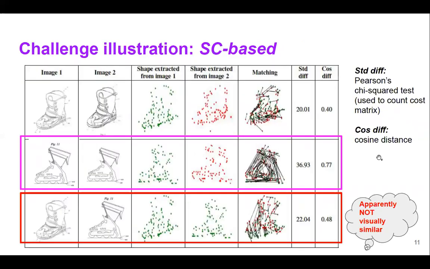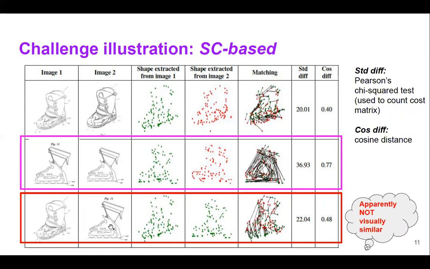Let's see some examples. The shape context tells us this pair of shoes is most less visually similar. However, actually this pair of shoes is most visually similar because they are exactly the same image beyond the left image has figure 11.